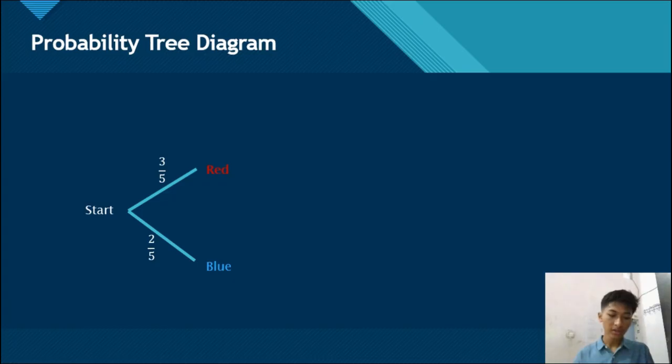Now let's look at all the possibilities in the second pick. The top branch here is the scenario where the first sweet drawn was red. The jar still contains sweets of 2 different colors, so still 2 possible outcomes represented by the branches red and blue. Now, if the first sweet drawn was red, then there are only 2 red sweets left in the jar from a total of 4.